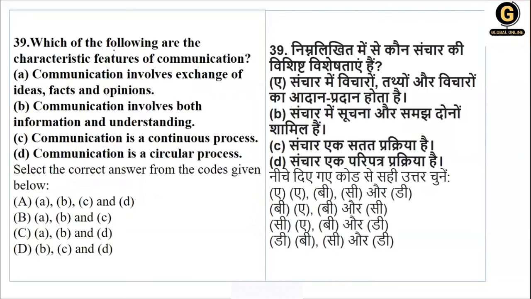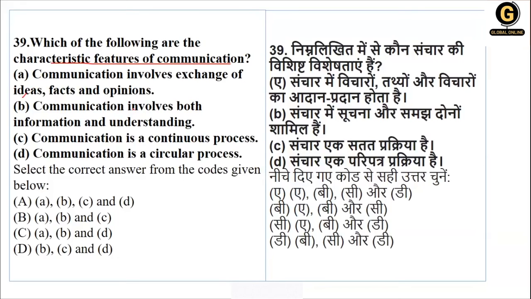Next, which of the following are the characteristic features of communication? Read all the points. Communication involves exchange of ideas, facts and opinions. Communication involves both information and understanding. Communication is a continuous process. Communication is a circular process. So if you see, it's involved exchange. ये communication का definition है.